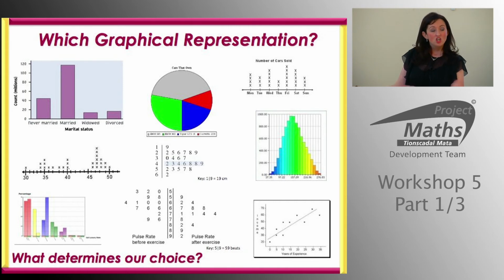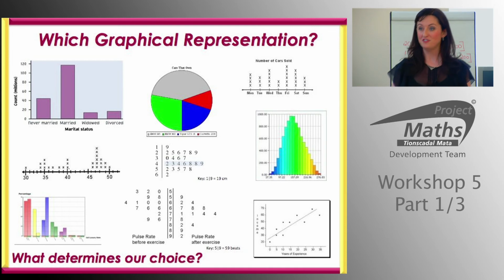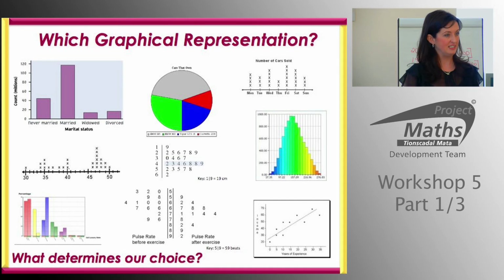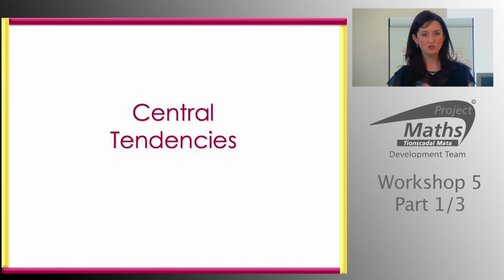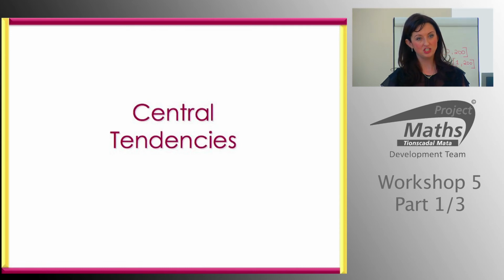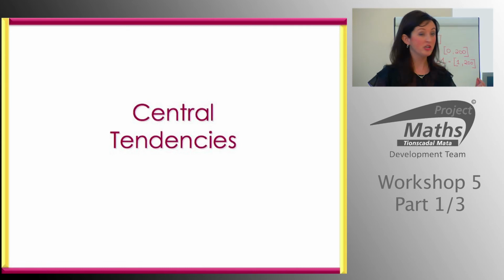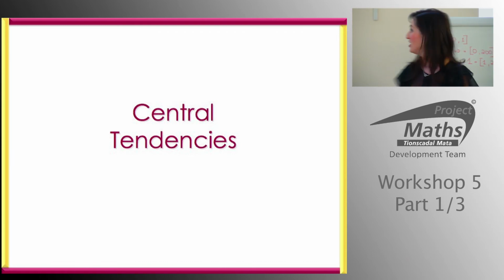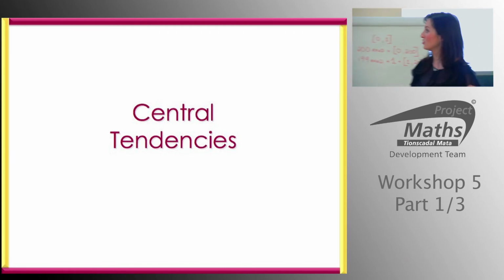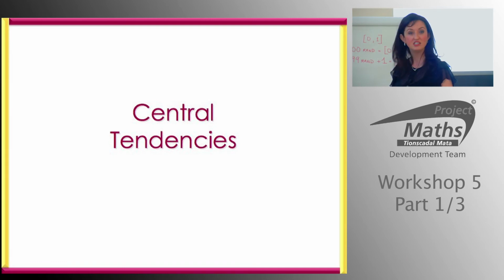Okay. So now that we've represented our data in a nice diagram, we have to then try and do some statistics on it and try and get some meaning from the representation. Do you remember I said this morning the first type is your central tendencies? So we'll have a look at those. They're going to be our mean, our median, and our mode.